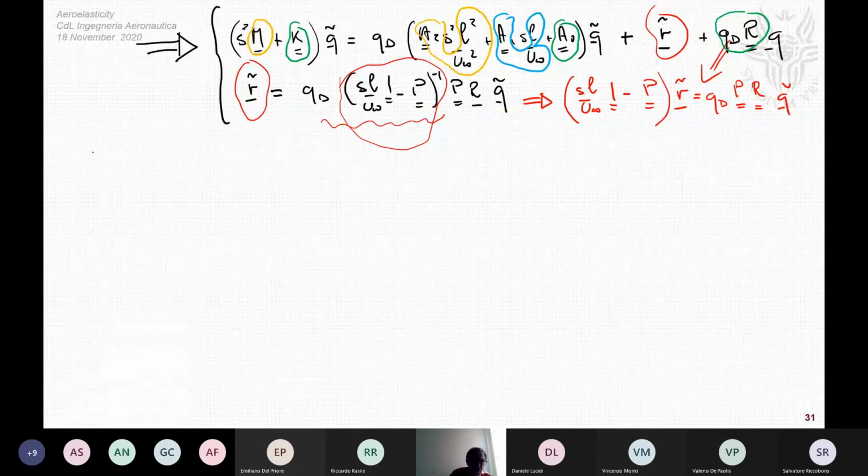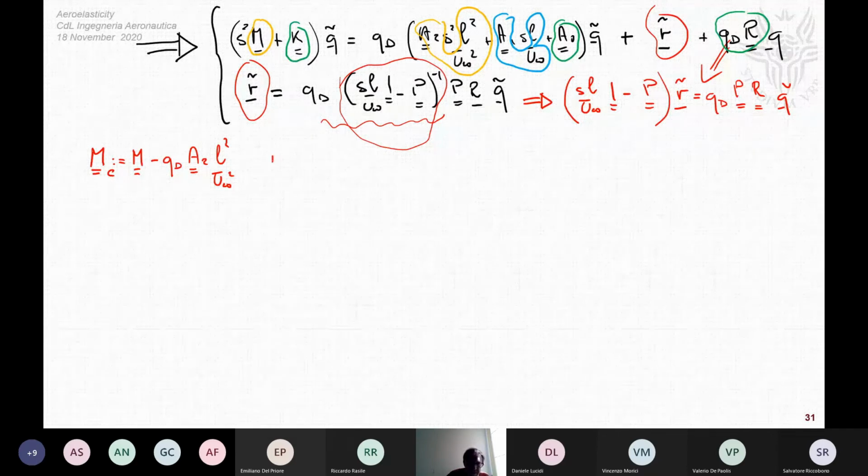In this definition, we have a general matrix of mass like M, the structural contribution, minus the contribution here. So you have minus Q D by A2 L square by U infinite square. So you have this matrix.